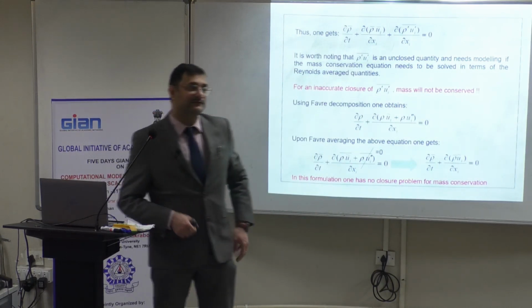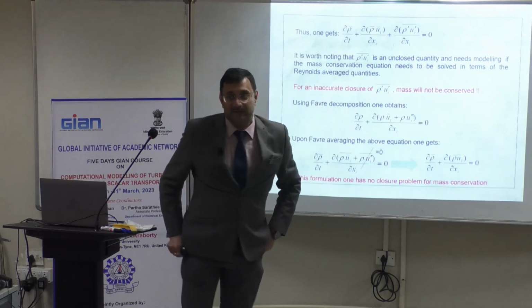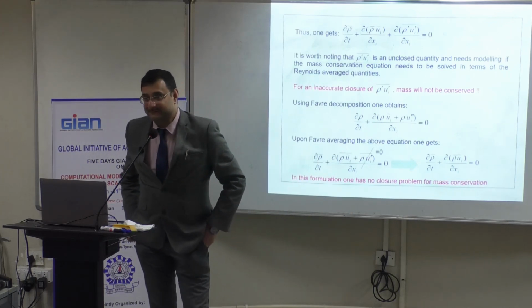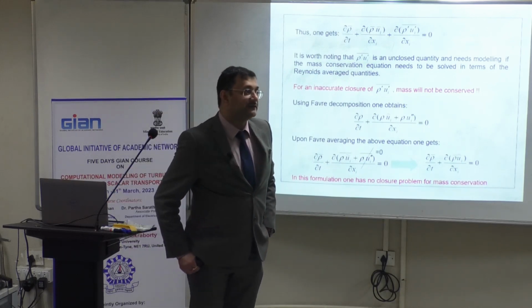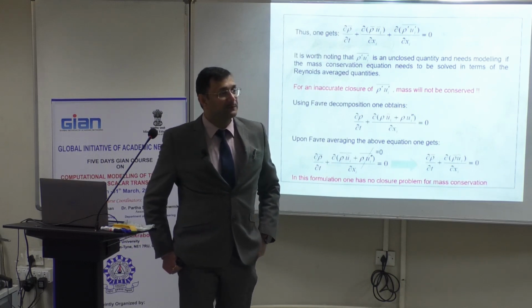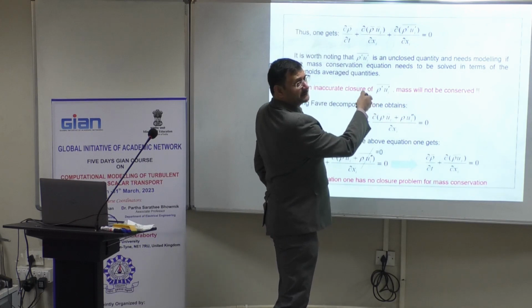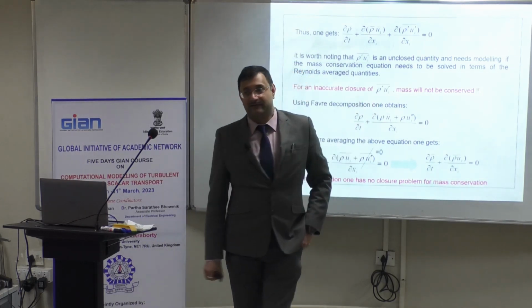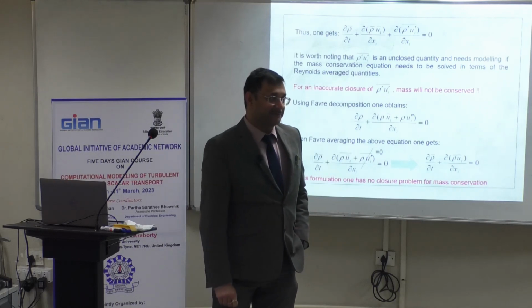And that unclosed term, most importantly, is sitting in my mass conservation equation, which originates because of the correlation between density fluctuation and velocity fluctuation. Why is it problematic? If I cannot approximate it properly, I can't guarantee that my mass conservation is going to be maintained.